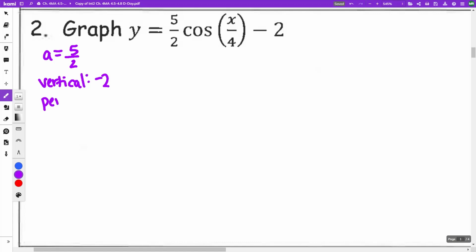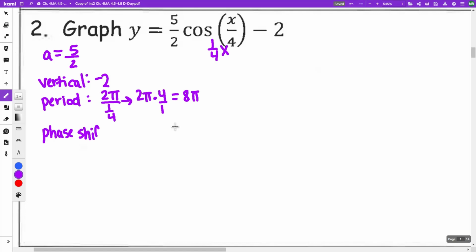My period, because this is x over 4, which is really 1/4 x, is going to be 2 pi divided by b being 1/4. That's really 2 pi times the reciprocal, so it's going to be 8 pi. And then my phase shift: none.